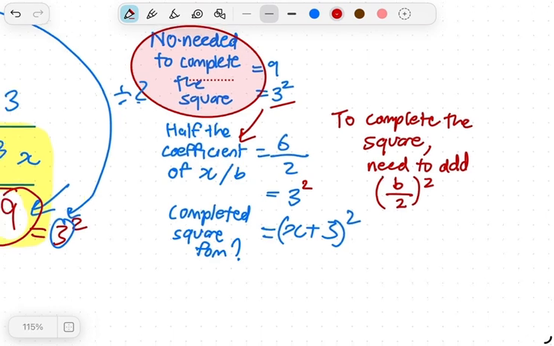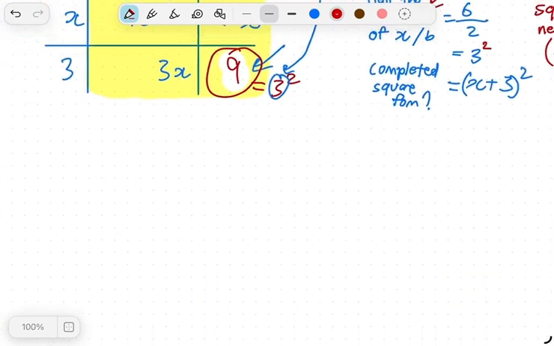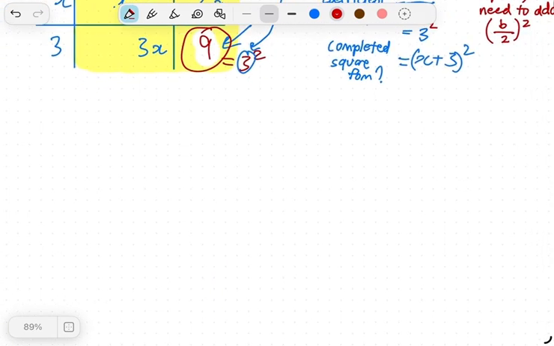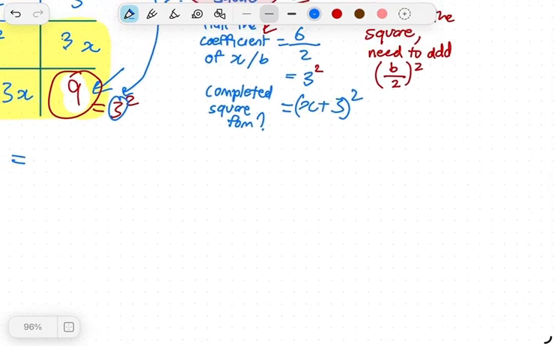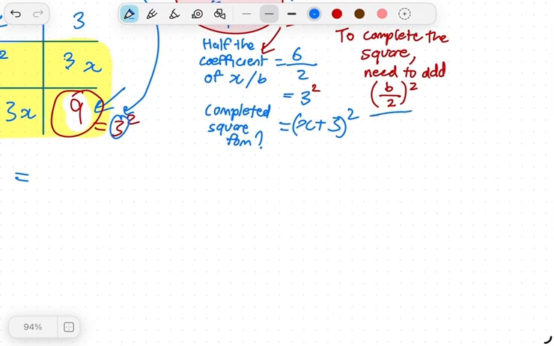Thank you. So let me show you an example. Let's take a new term, x squared plus 12x. Obviously, this is not the completed square form. So what do we need to add in order to make this whole square complete, i.e. completing the square? So I said to add b over 2 squared, right?